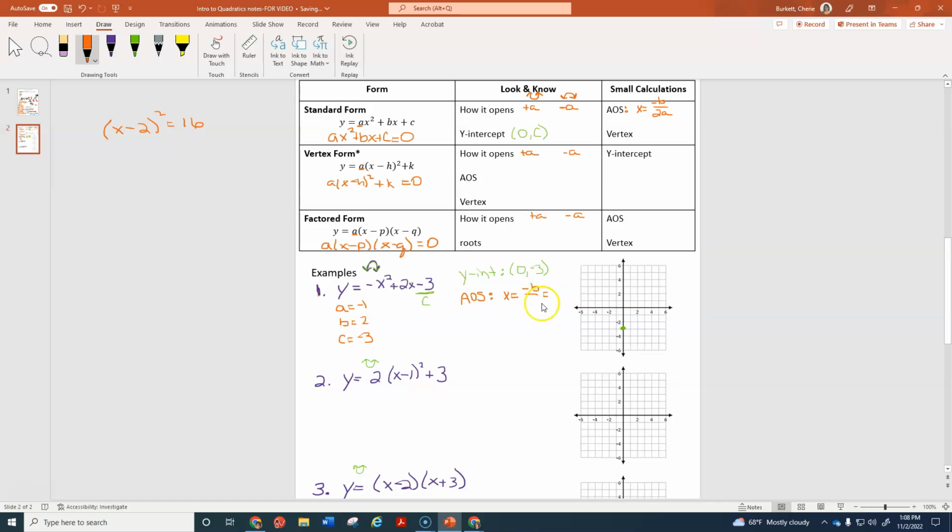So I see a +2, -b says write down a -2. If I saw a -2, I would write down a +2. So whatever the b is, you change the sign when you write it down.